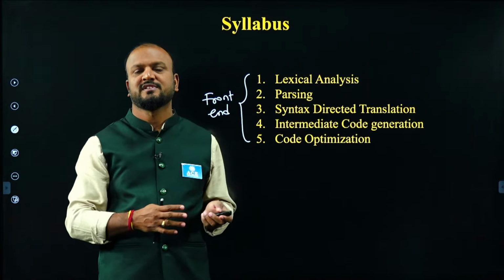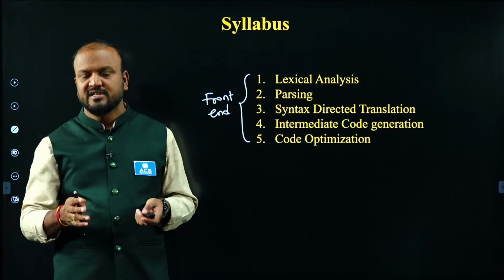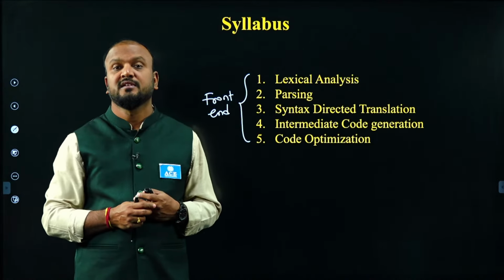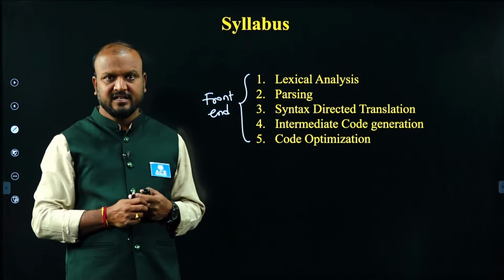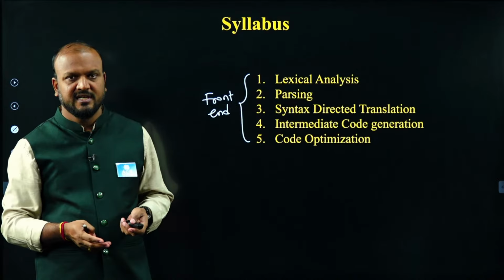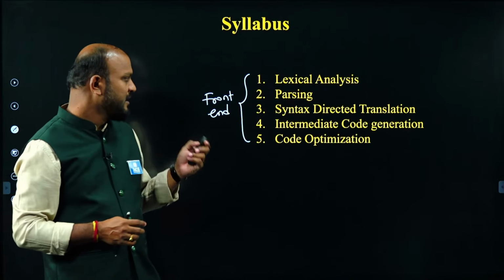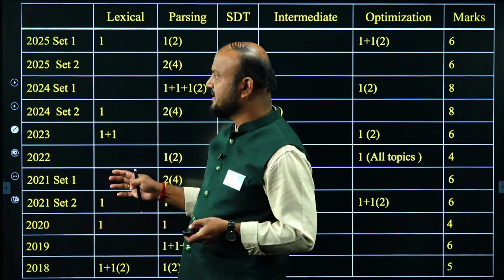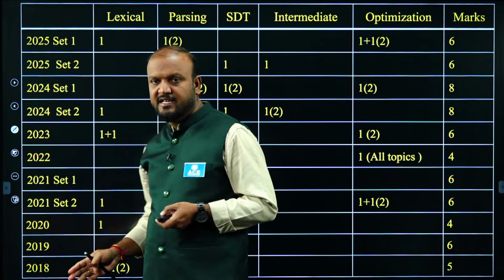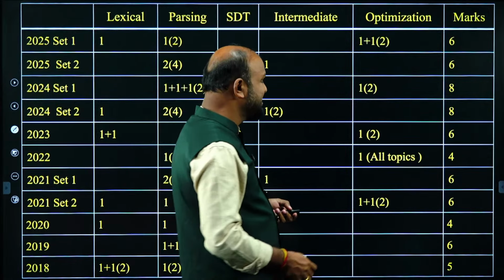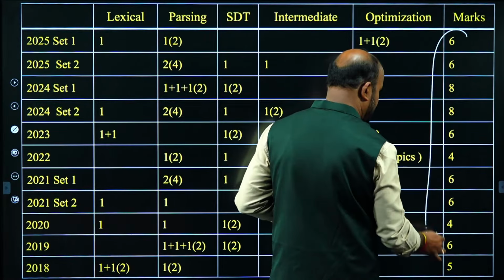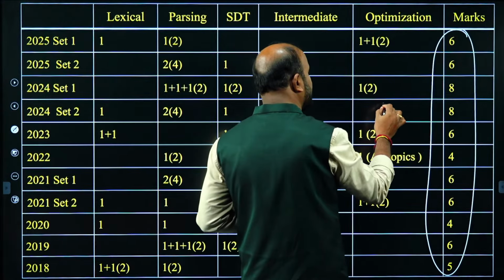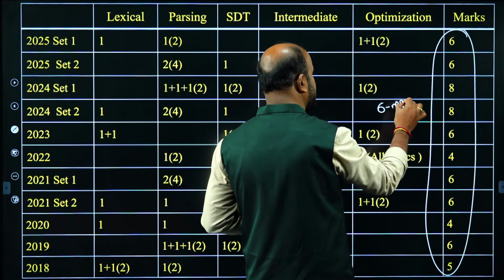Actually, the target code generation and machine dependent code optimization is based on the computer architecture that you might have studied in the COA subject. Now, these are the 5 chapters. When it comes to the weightage, I have shown you from 2025 to 2018 in a single slide. When you see all these papers, on average we get 6 marks from the subject.